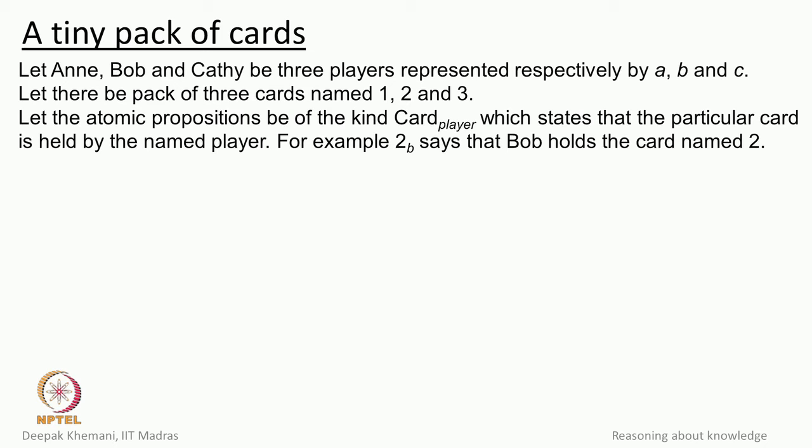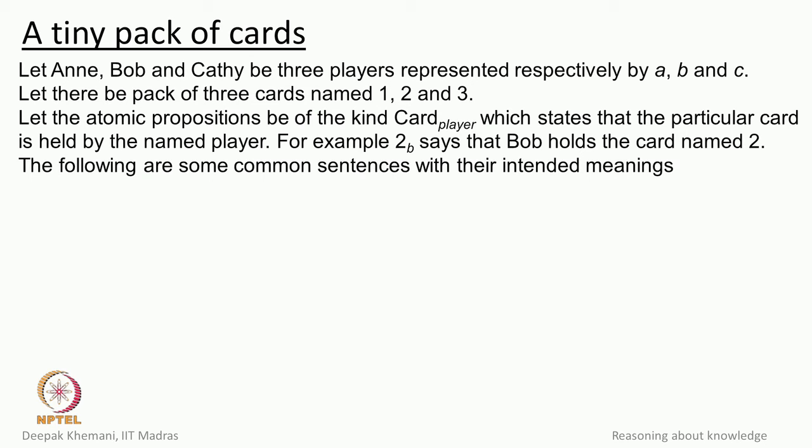So, 2 subscript B, for example, says that Bob, which is B, holds card number 2.